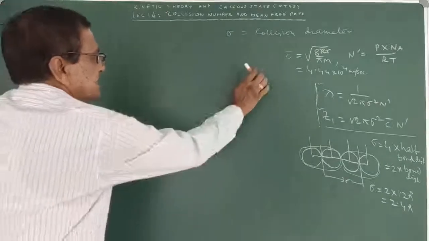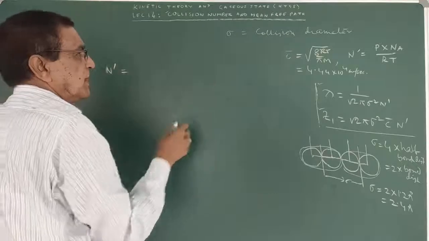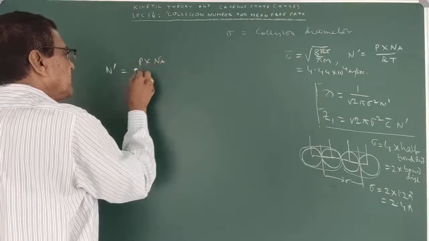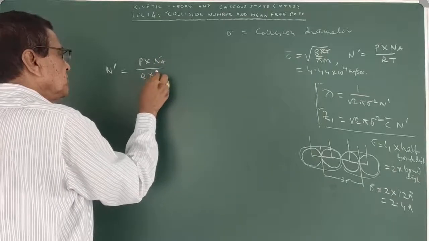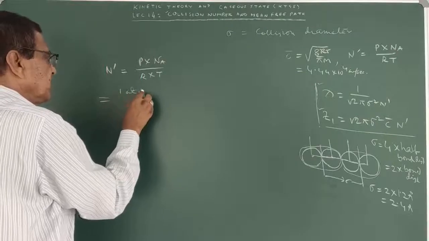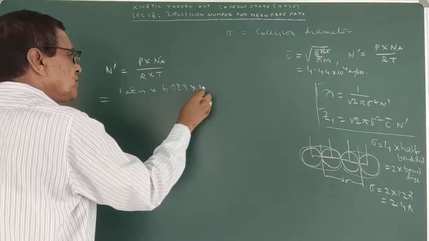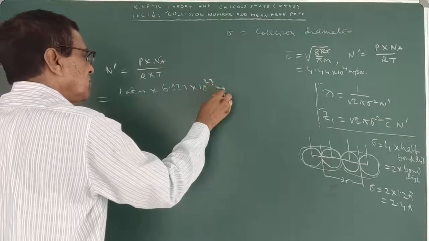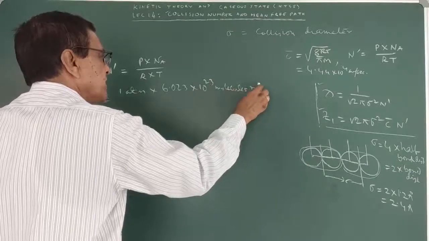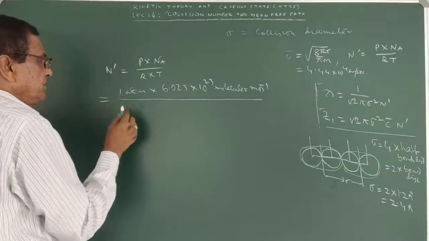So n dash equals P times Avogadro number divided by R into T. We can put here 1 atmosphere and Avogadro number 6.023 into 10 to the power 23 molecules per mole, divided by R.